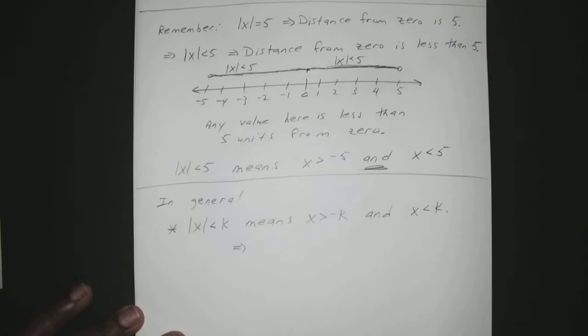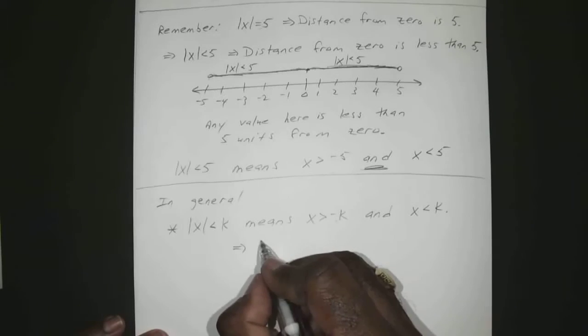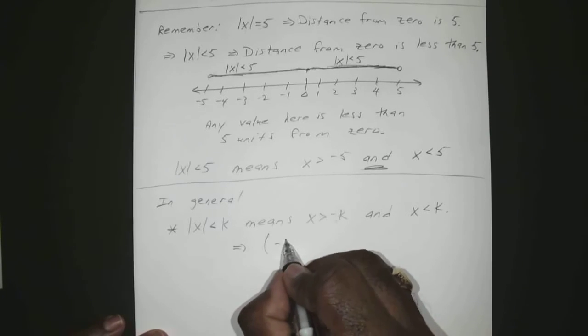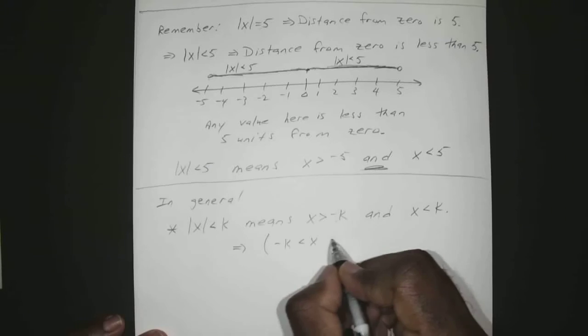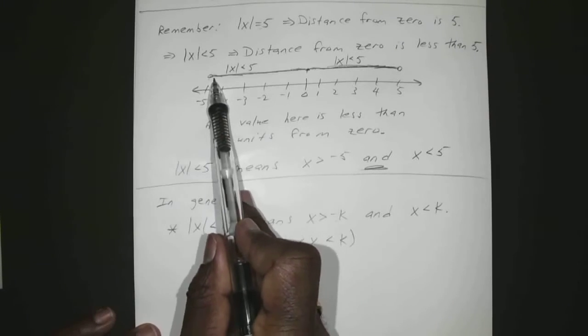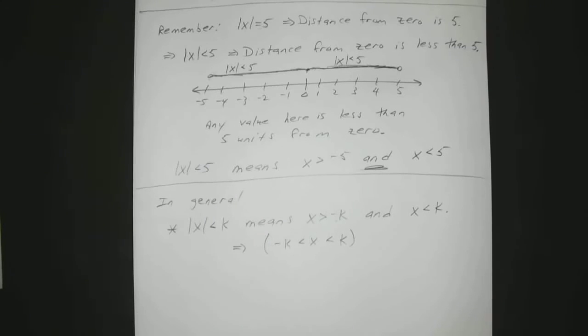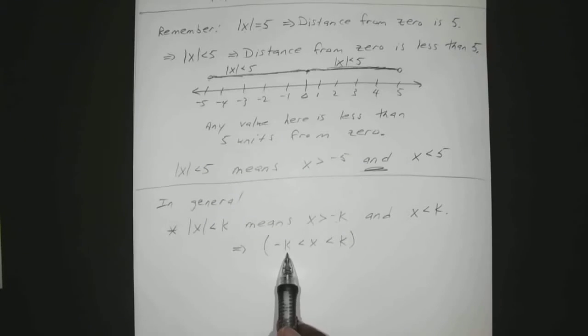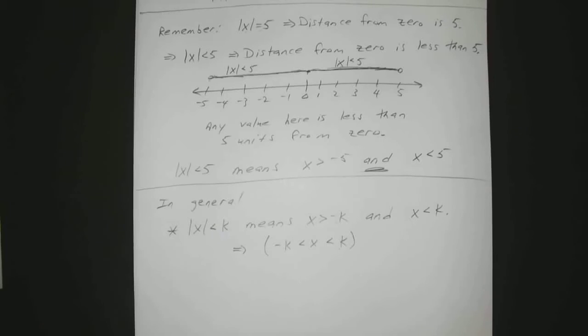Or if you wanted to, you can write that as what they call a compound inequality, where you put both of those into one. So you have -k is less than x is less than k. So really that just means that any value of x is between -5 and 5. That just means any value of x is between -k and k.